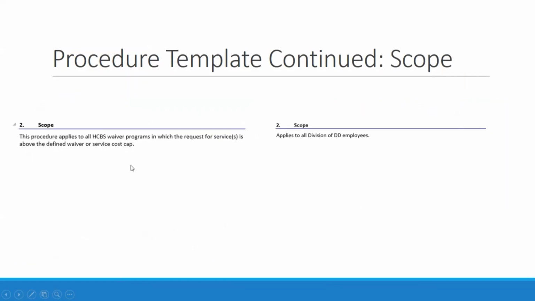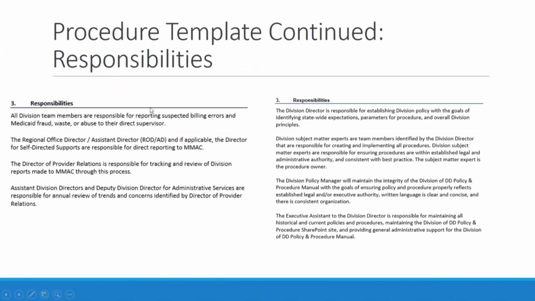Same with scope. Gave you a couple examples here. Depending on what type of procedure you're creating, you may be talking about what waiver program it applies to, or maybe you're talking about the fact that this applies to everyone in the division, and it's that broad. So you'll have different scopes there. Same with responsibilities. This is just to give you a couple examples of how you might draft that section.